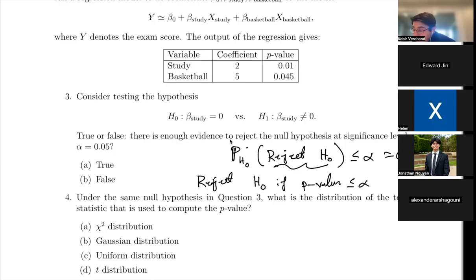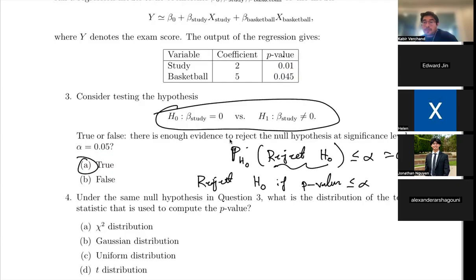Because this p-value is exactly the p-value corresponding to this hypothesis test, we can just look at the table and check: is this p-value less than our significance level? The p-value is 0.01, our significance level is 0.05. 0.01 is less than 0.05, so we can reject the null hypothesis.